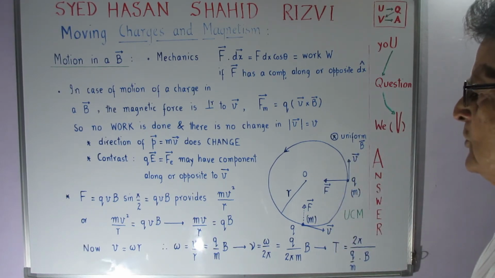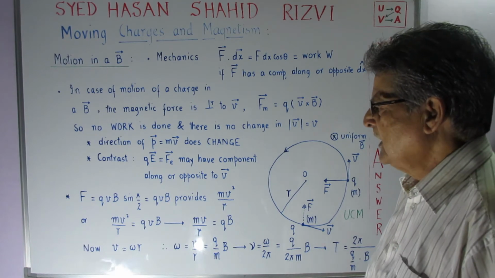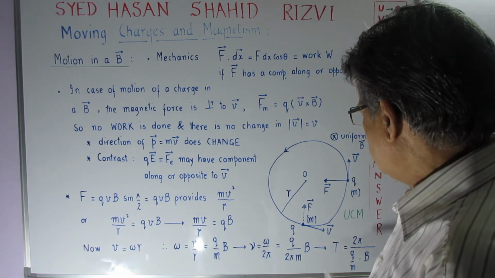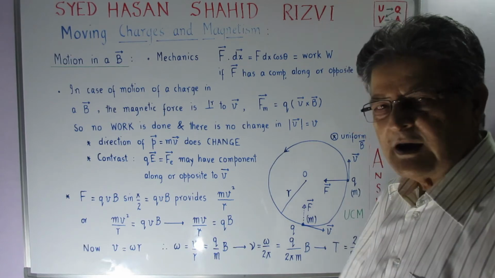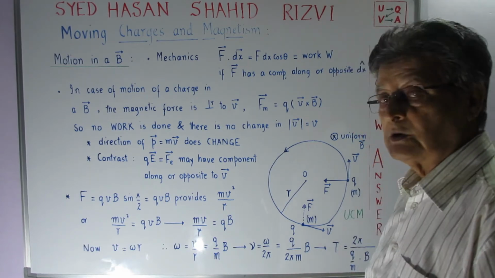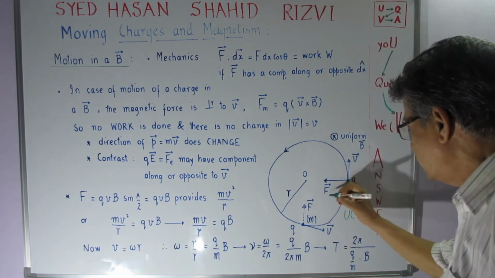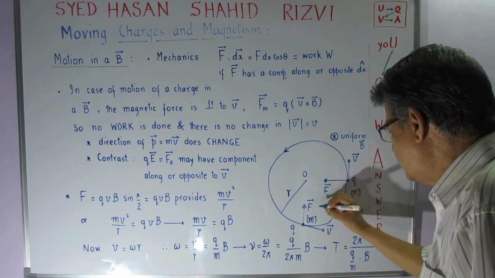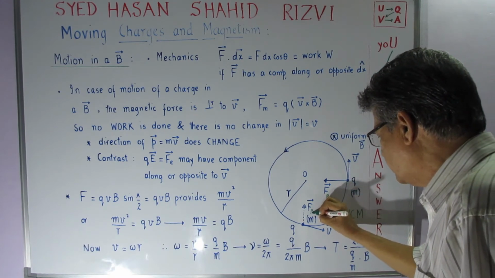And if you look, this force F is the magnetic force, the force due to the magnet. I can write this as FB and FP respectively.